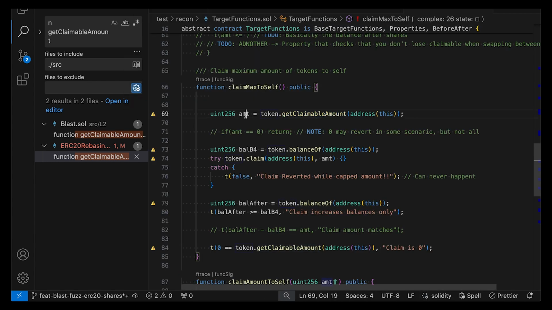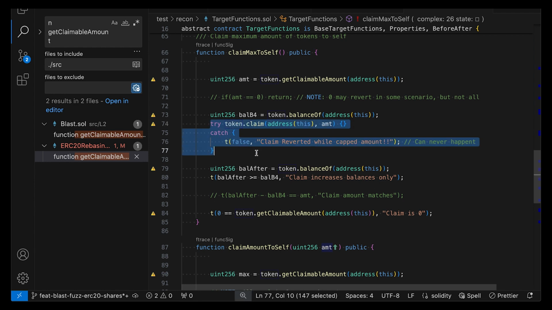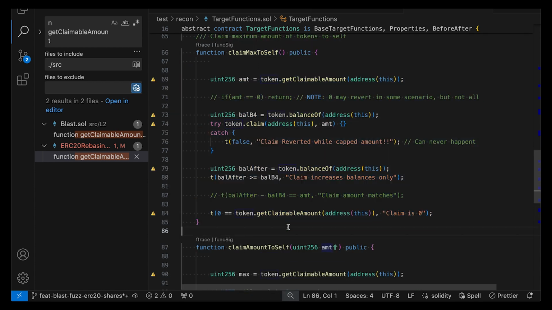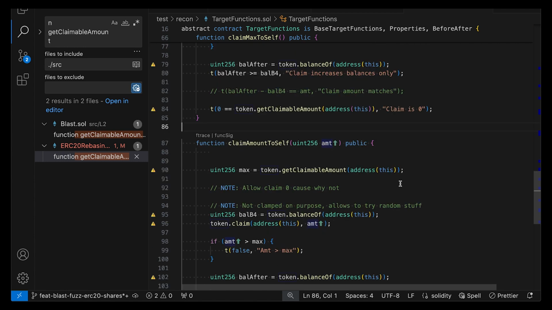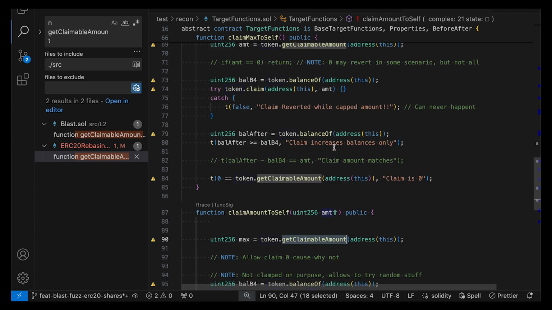You will check for that claimable, and the goal here was to ensure that you could always claim, provided that you claim a reasonable amount, and then also verifying that the sum of your balance would actually match the intended amount.